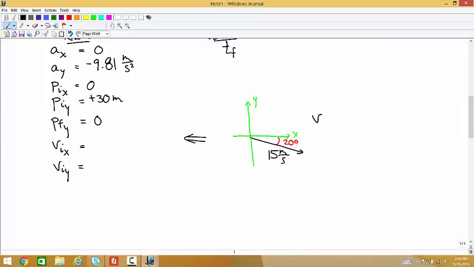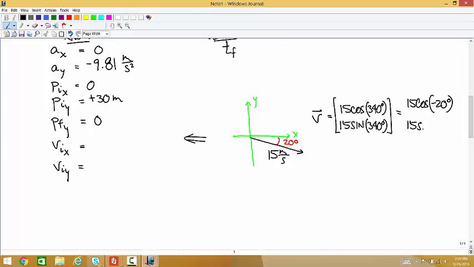And so the velocity vector is 15 times the cosine of 340 and 15 times the sine of 340. Which is 15 times the cosine of negative 20. These are the same thing. 15 times the sine of negative 20.